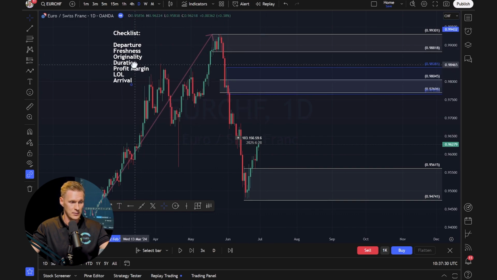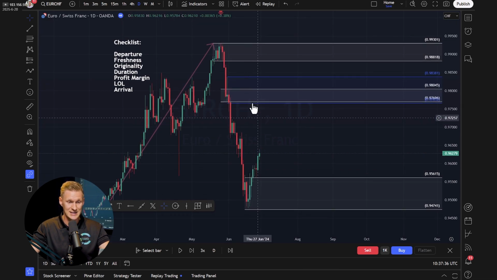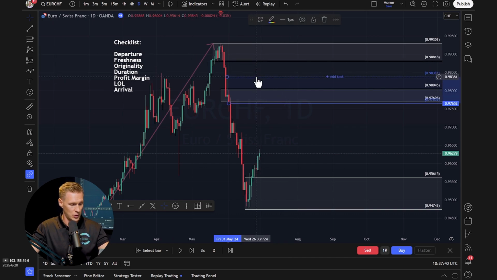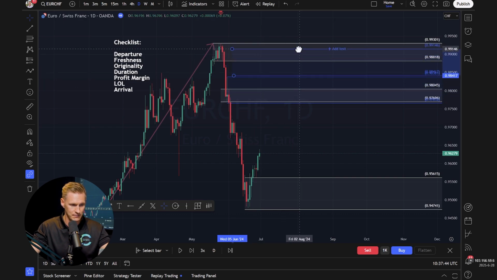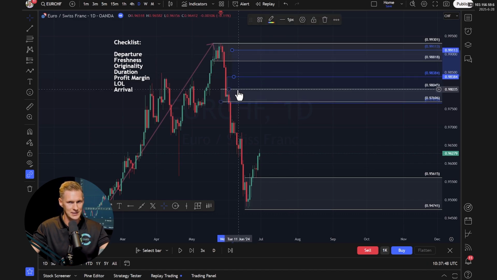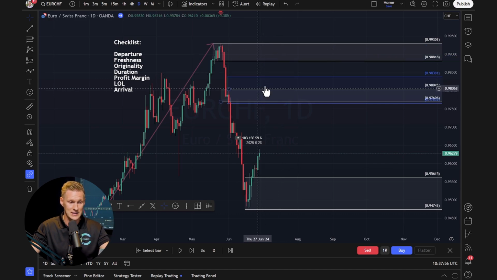Next zone qualifier is our level on top of level. We have to check, is there a level above or not? For that, we have to copy paste the range of this one, and you can see, yes, this one is a part of a level on top of level. That's important that we understand where this wick over wick or the drop base drop is located.